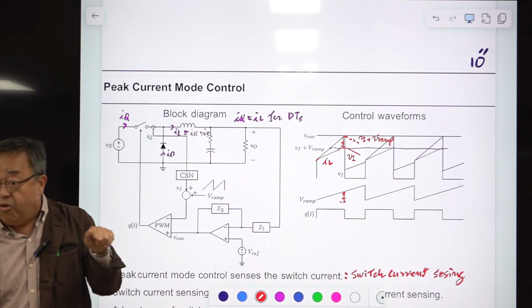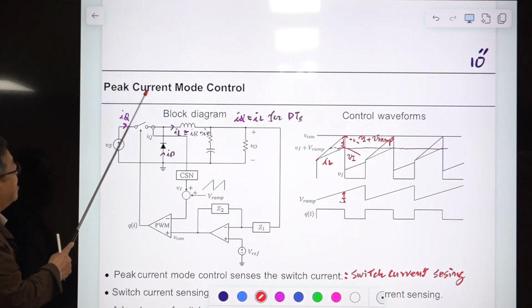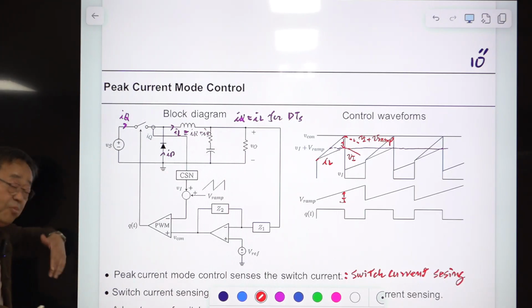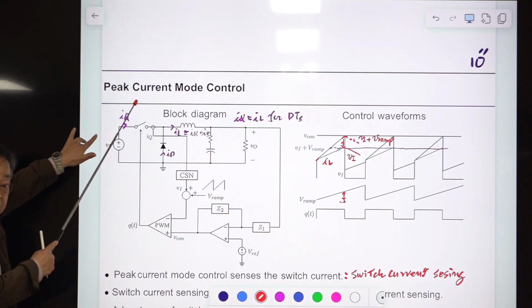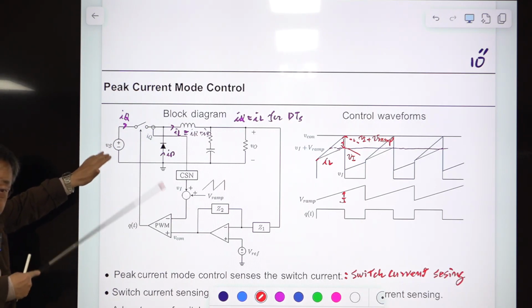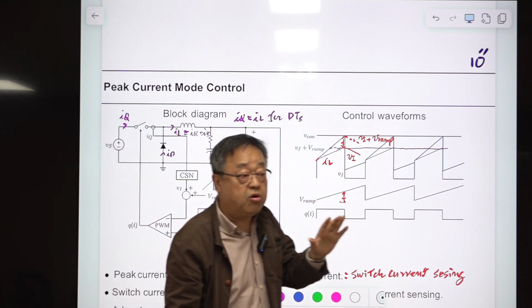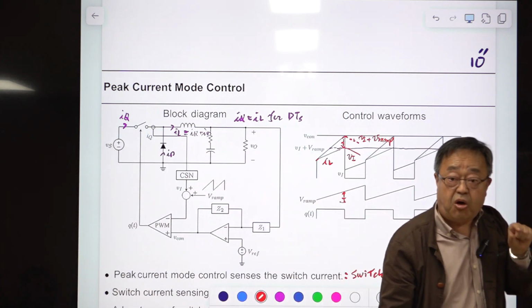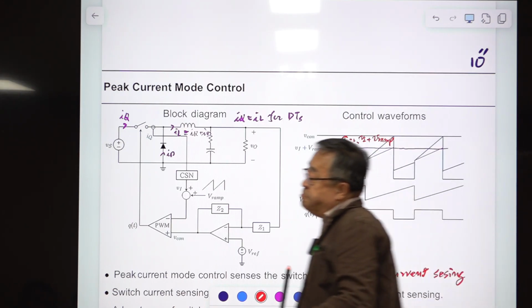So it's not proper to use this term, but people understand it. Peak current mode control is not using the peak current to turn off the switch. In peak current mode control, the peak value is determined when the switch is turned off. They are different. You understand this, right?